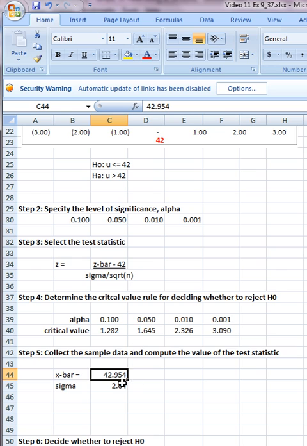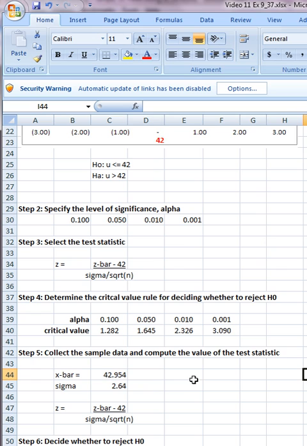To answer that question, we need to know the standard deviation. We don't know the population standard deviation, but we do know the sample standard deviation of 2.64. And we can use the formula for z to calculate how many standard deviations 42.954 is to the right of the assumed mean of 42.